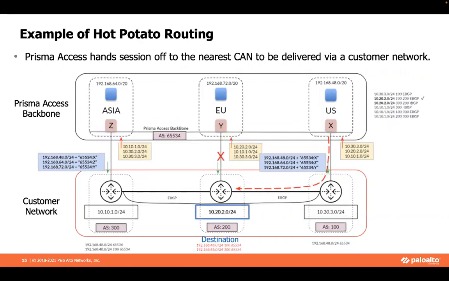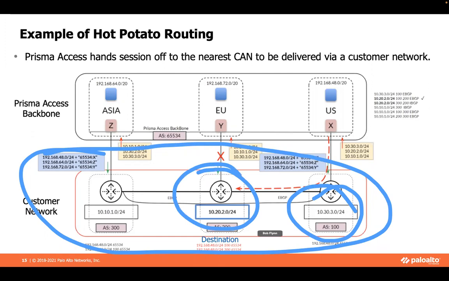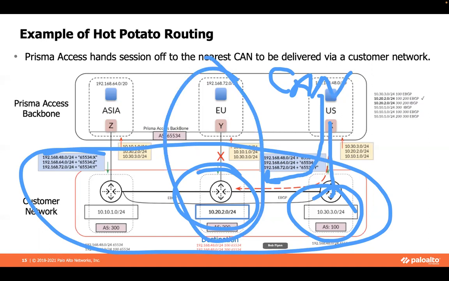If there is an existing BGP implementation inside your infrastructure that you would rather use than our default routing, if you say, well, you know what, we've got all these static routes or BGP routes, and we've got our own infrastructure, and we got great big routers, and we think it'll be faster to use our infrastructure than it might be to use Prisma Access's backbone, then you have the ability, again, if we have our user here in the US trying to talk to our user here in the EU, to bounce that remote user off of a corporate access node, a CAN, back down into the internal routing infrastructure to be able to get to, say, that user in Europe in that remote network.